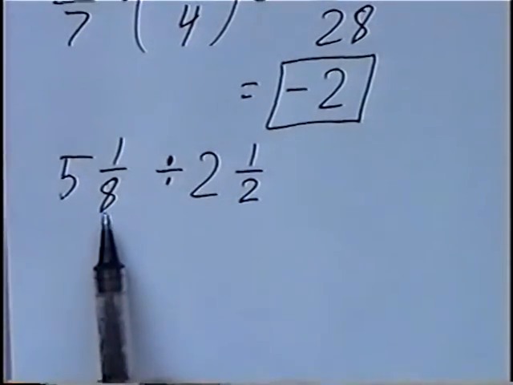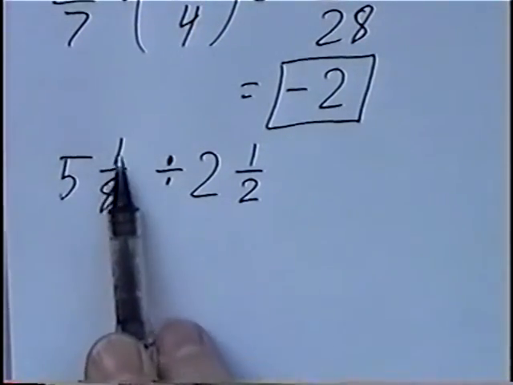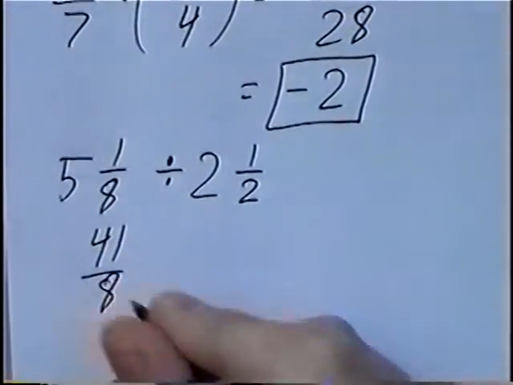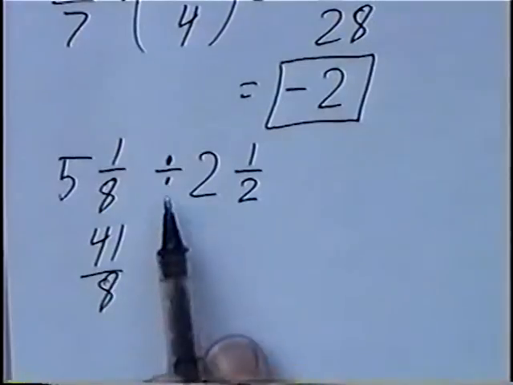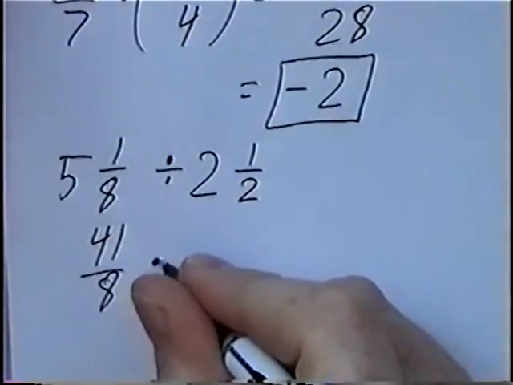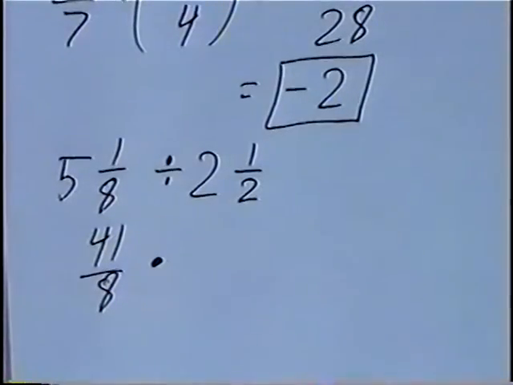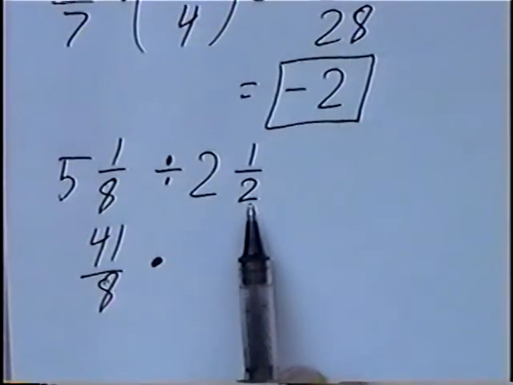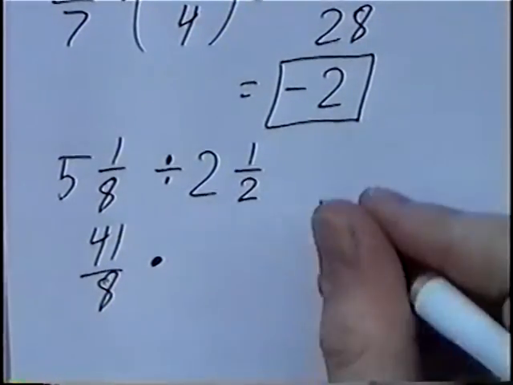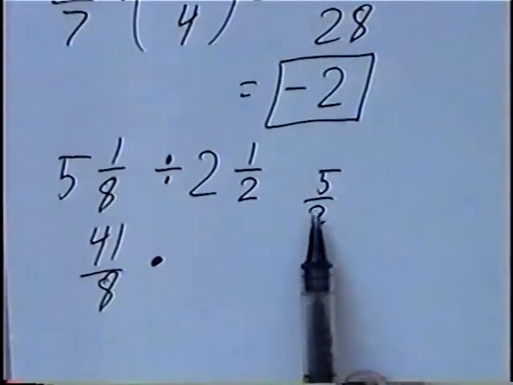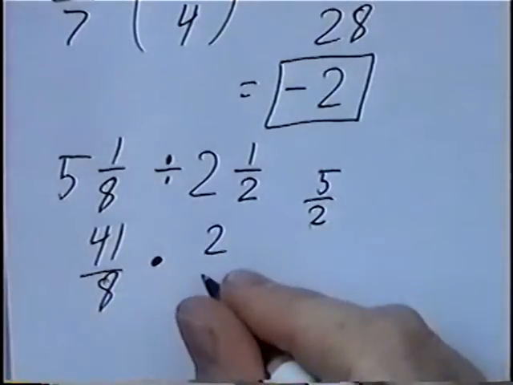Again, multiplying 5 times 8, which would be 40, plus 1 more would be 41 over 8. And again, instead of dividing, we can multiply. If we change 2 and 1/2 into an improper fraction, 2 times 2 would be 4, plus 1 more would be 5 over 2. But since we're multiplying, we'll do the reciprocal, which would be 2 over 5.